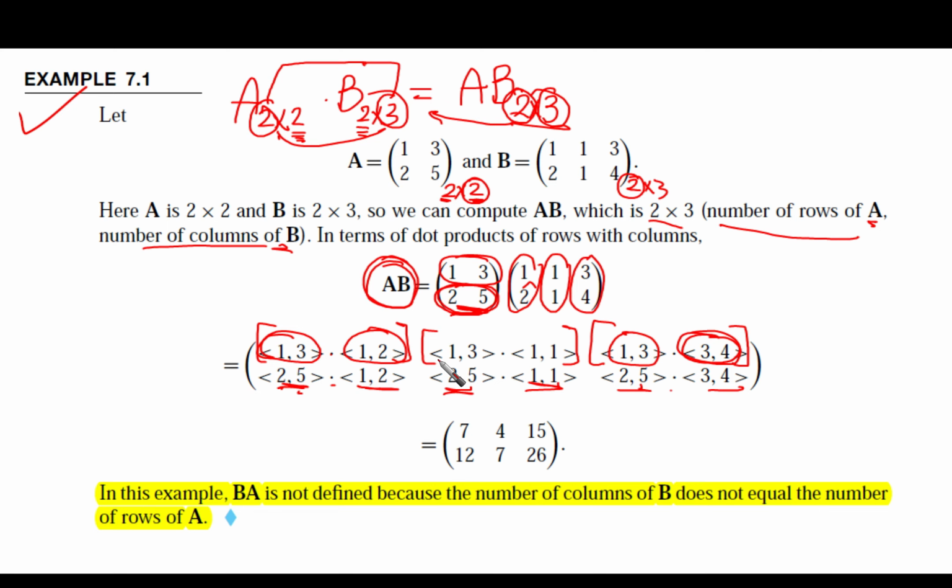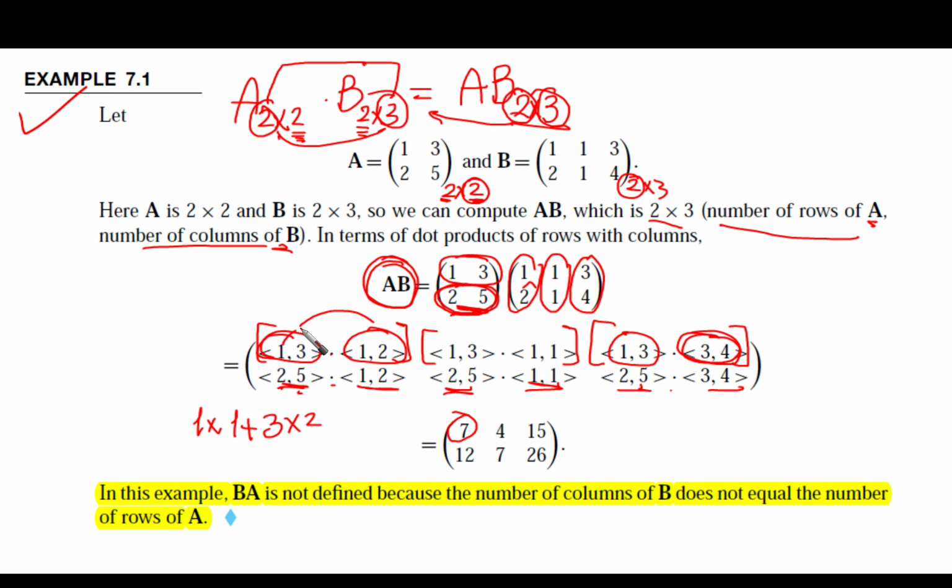We can get the first element of the matrix. The first element is going to be 1 times 1 plus 3 times 2.